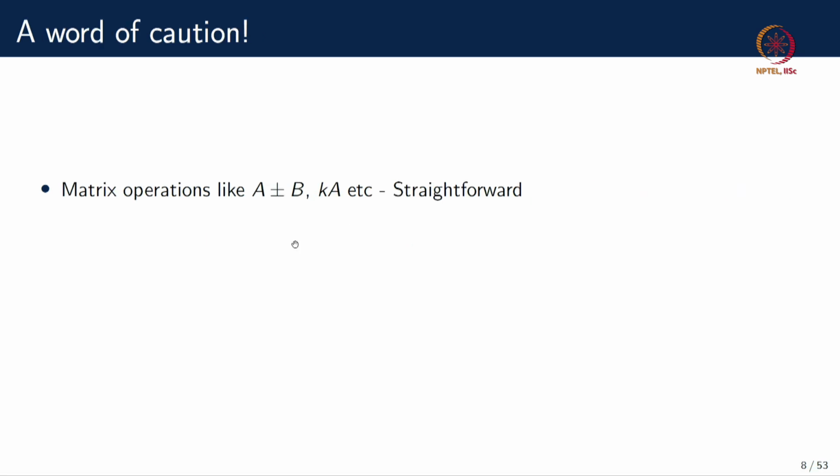The matrix operations like A plus or minus B, kA, etc. were straightforward. They were mostly element wise operations. What we mean is that if we define C is equal to A plus or minus B, then the ijth element of C is defined as c_ij is equal to a_ij plus or minus b_ij.